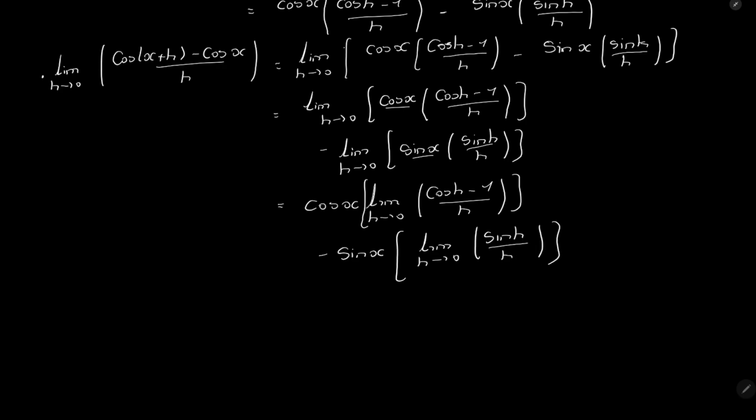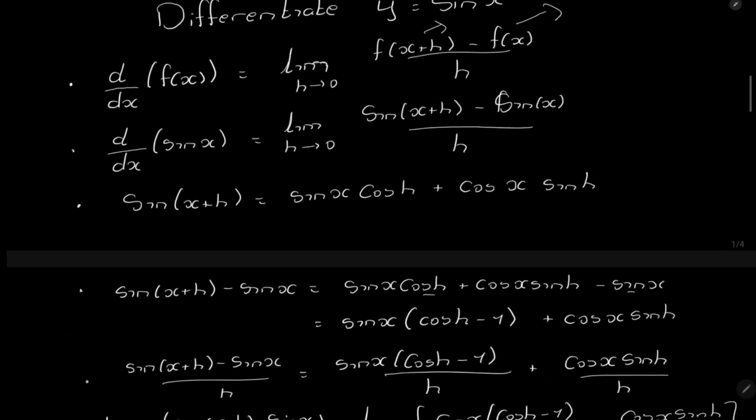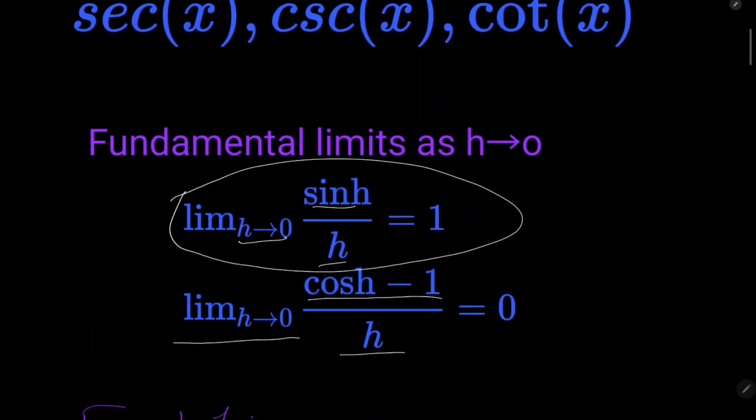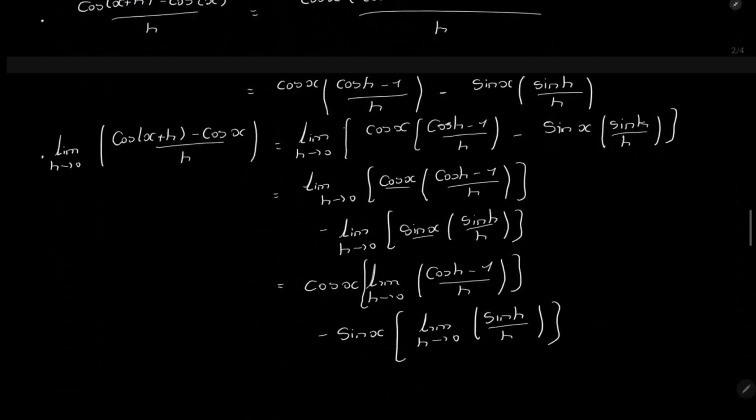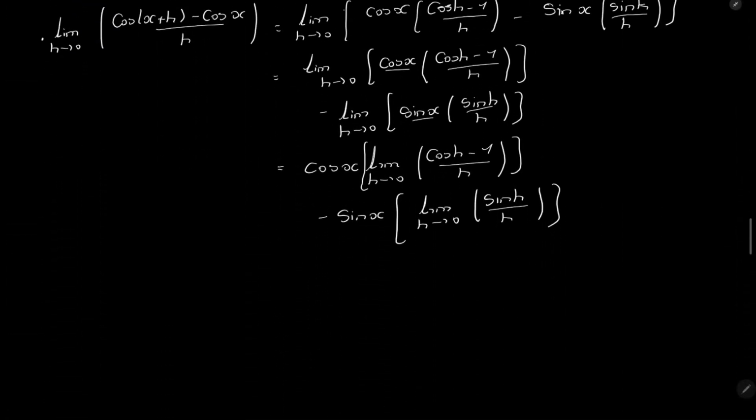If we recall our fundamental limits, what did they say? They say that the limit as h tends to 0 of sine h on h is 1, and the limit as h tends to 0 of cos h minus 1 on h is 0. So what do we do then? We replace these terms. This gives us 0 and this gives us 1.